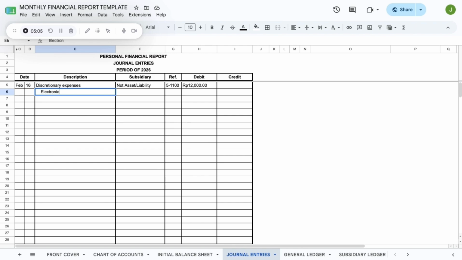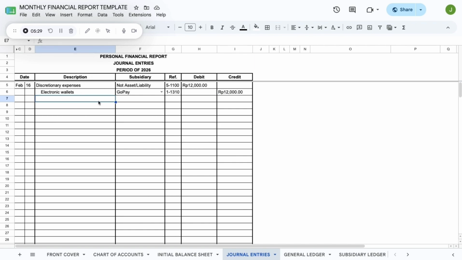So we put in electronic wallets, and now a subsidiary will show up, with all the electronic wallets that we have in the chart of accounts. Let's put in GoPay and put in 12K. Now this is already 2/3 of the transaction done. Now what we need is the description.